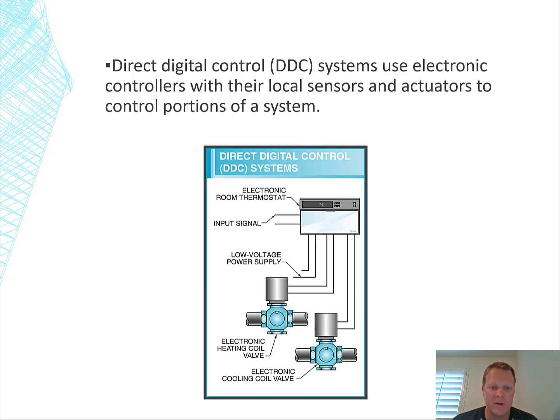And in this little graphic, they've got an electric heating coil and an electronic cooling coil. And so they're saying, hey, this little controller on the wall is getting inputs and it's then sending outputs telling this equipment what to do. But that's the idea behind a controller, is that it's got a series of equipment that it's controlling.